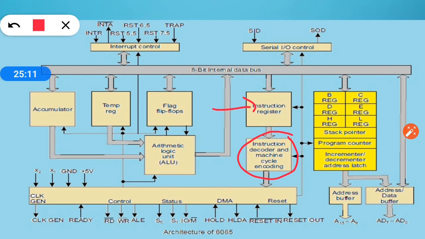Okay, so after machine cycle encoding, there is the timing and control unit. As its name indicates, the timing and control unit provides timing and control signals to all the circuits of the microprocessor, to all internal circuits, as well as to the external circuits, that means to the memory devices or the small peripheral devices which we have connected to the microprocessor.